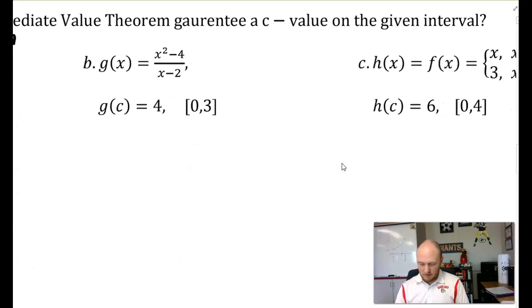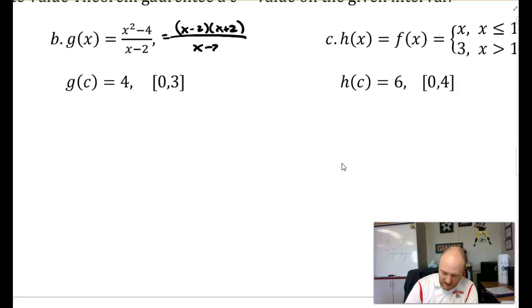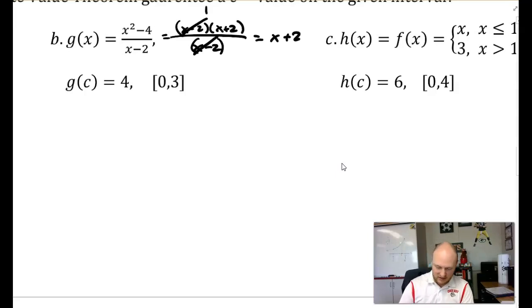All right, let's look at some non-examples. g of x is equal to x squared minus 4 over x minus 2. Well, this is a rational function, and if I factor the top and bottom, x minus 2, x plus 2, we can see that I have a factor that cancels. And when I have a factor that cancels, that is a hole or a discontinuity. Really, I don't have to factor and cancel to show that there's a discontinuity. Right away, you can see there's a discontinuity.